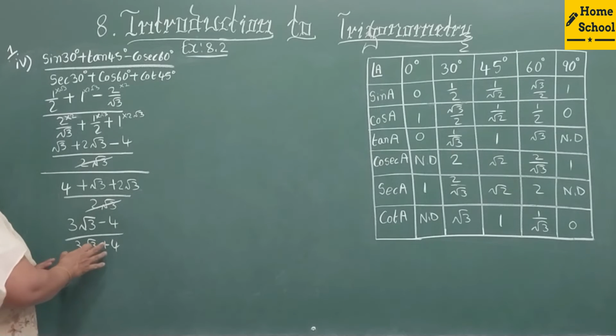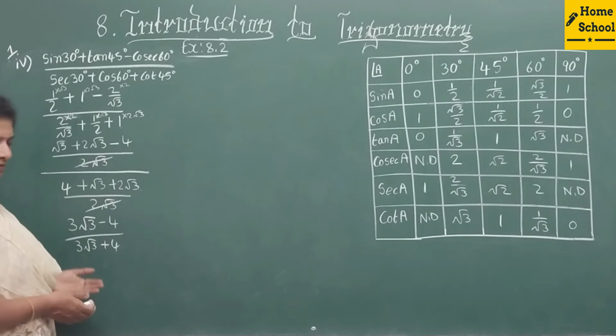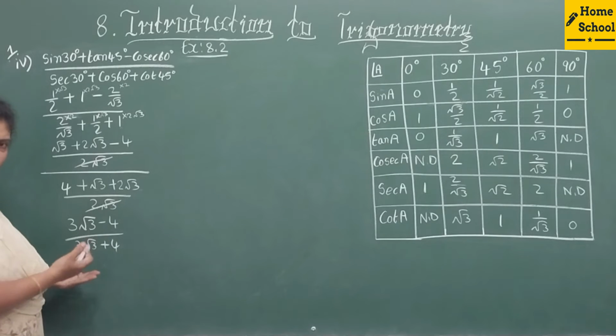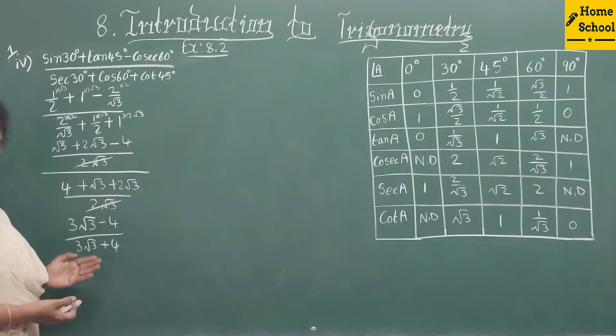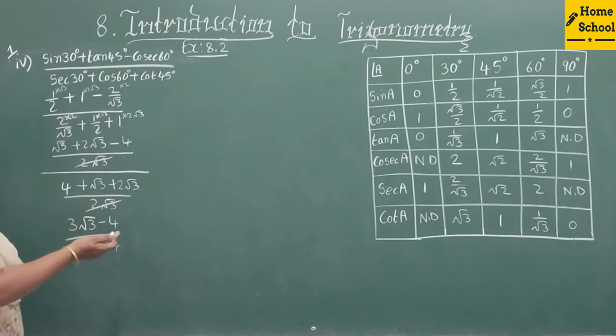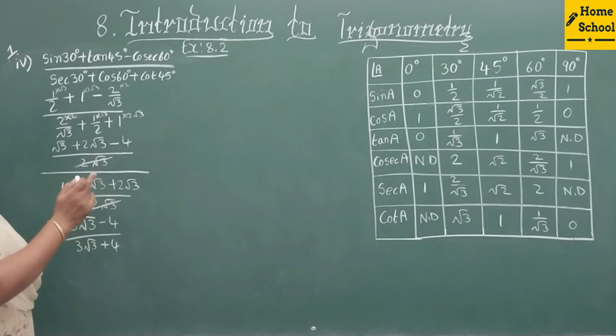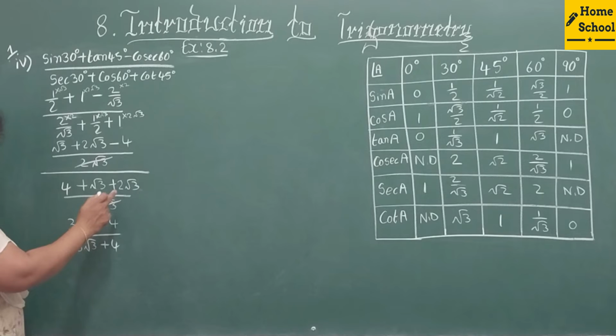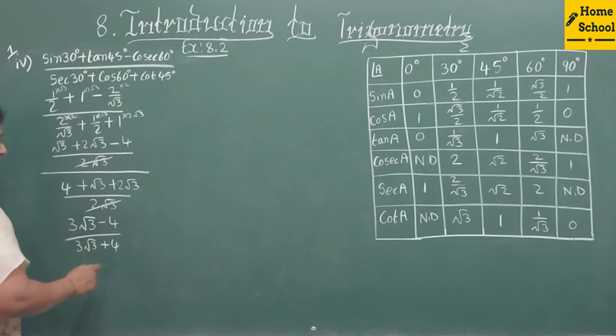Okay, so now again in the same manner we need to get the answer. For this denominator, multiply the conjugate for numerator and denominator. Now observe the denominator. Its conjugate is 3 root 3 minus 4. Here you have plus, you need to change it to minus, and then multiply for the numerator and also the denominator.